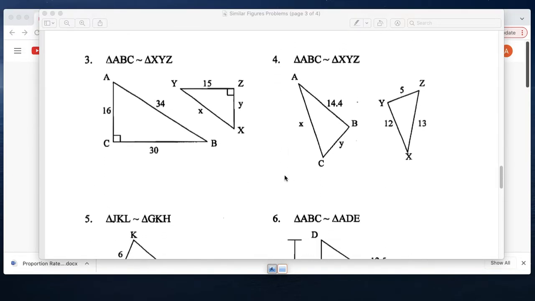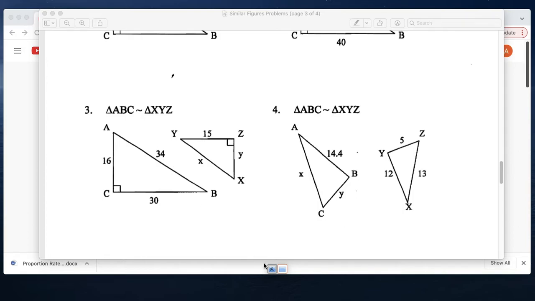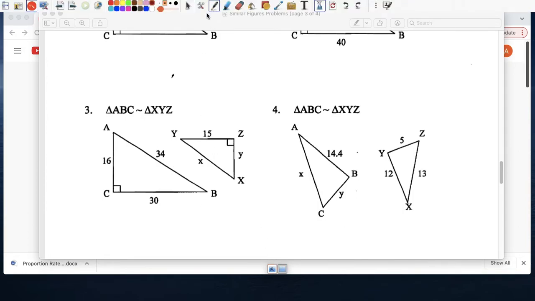Okay, 3. So again, you can sort of figure things out, right? So we want x and y here. I think it's important that these two correspond. This corresponds with y, and this, I'll put 3 marks, corresponds with 30.